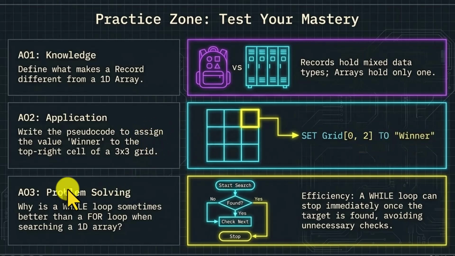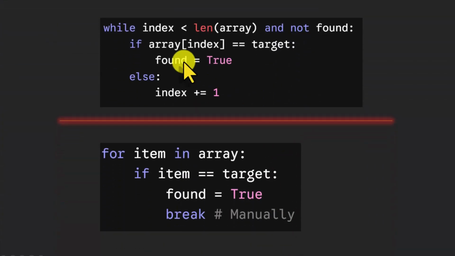And the next question: why is a while loop sometimes better than a for loop when searching a 1D array? A while loop can stop immediately once the target is found, avoiding unnecessary checks. We will discuss more about this. See here, I am making a found variable.